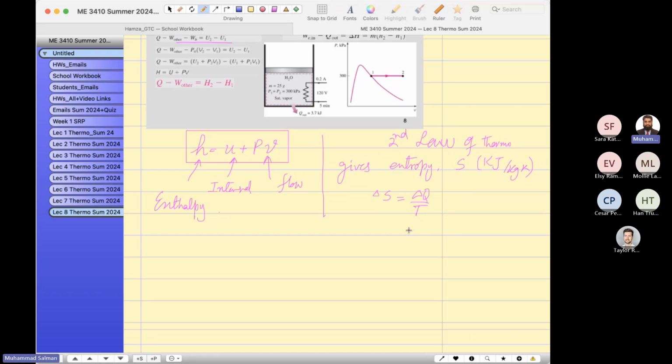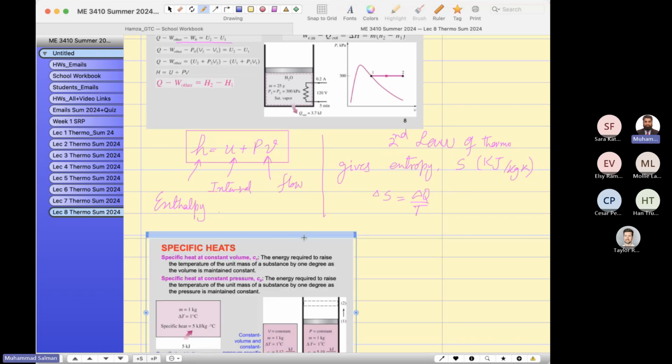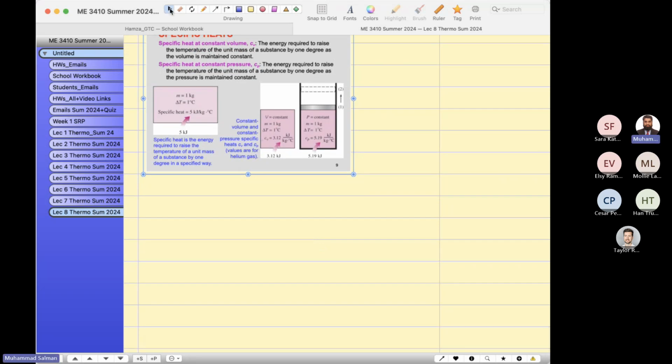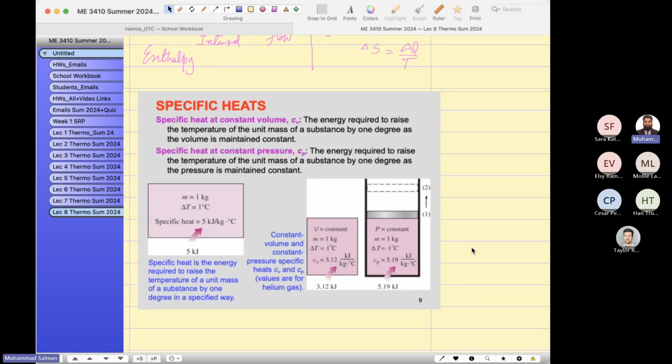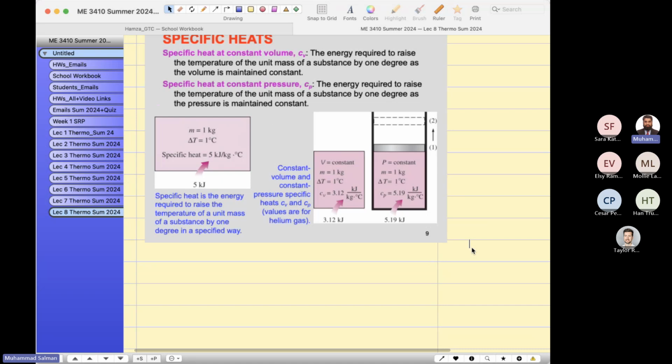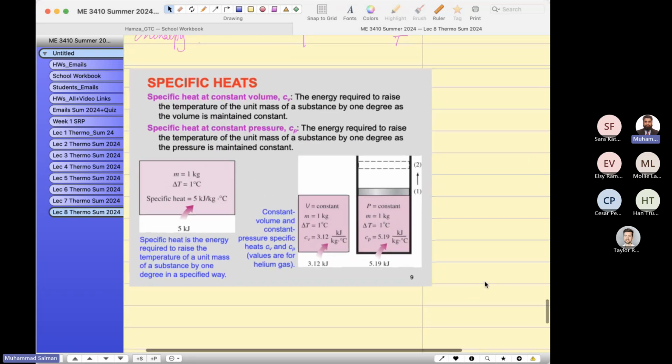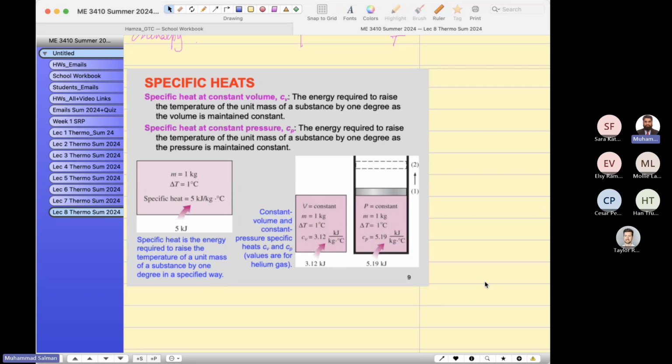Okay, guys, let's do the next slide. The next slide is a different topic, about the specific heats. Specific heats for gases can be considered at two different levels. One is at constant pressure, one is at constant volume.